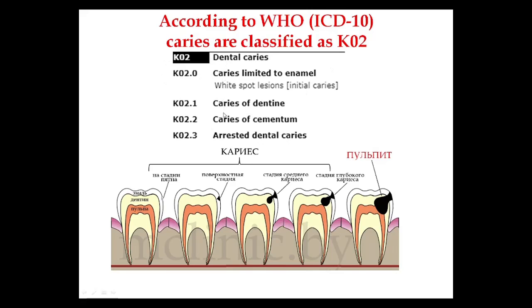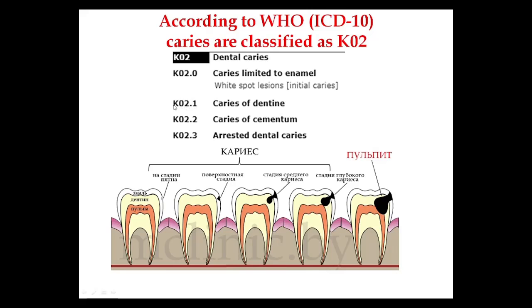And different stages of caries have special codes. K02.0 corresponds to caries limited to enamel, or white spot lesion, or initial caries, its synonym. Spot caries or initial caries.